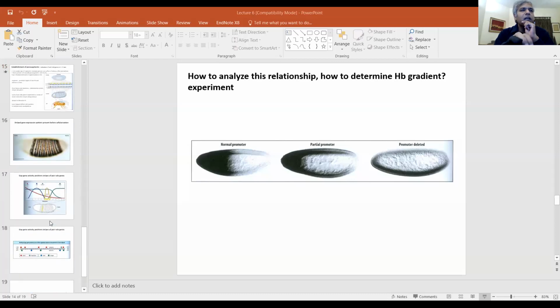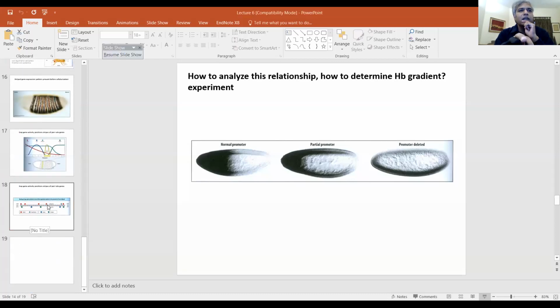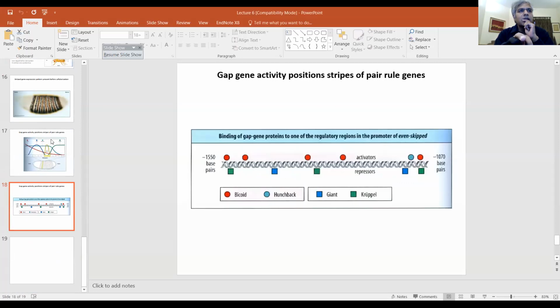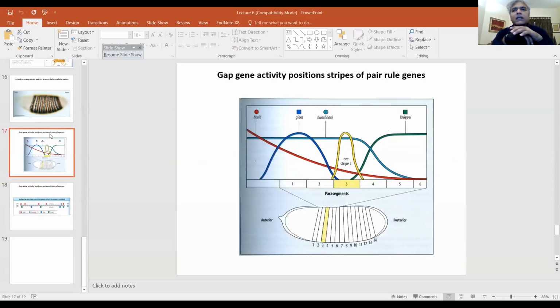जी तो जब भी आपने आखिरी स्लाइड में दिखाया था प्रमोटर के साथ बाइंडिंग साइट्स में, तो what if, जो हमने ग्राफ देखा है उसमें एंड में तो खाली क्रुपल रह जाता है, तो is that enough to activate for the later segments, to activate the even side? Which one you are talking about? एंड में क्रूपल कहाँ पे रह जाता है? This one? ये जो कंसंट्रेशन वाला ग्राफ है ऊपर वाले में. This one.